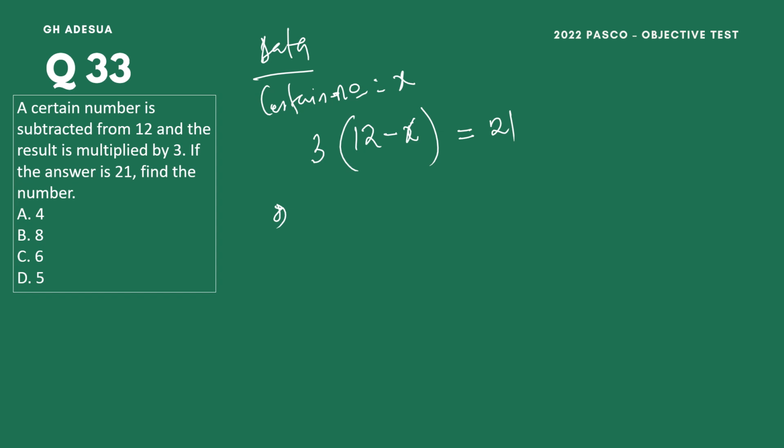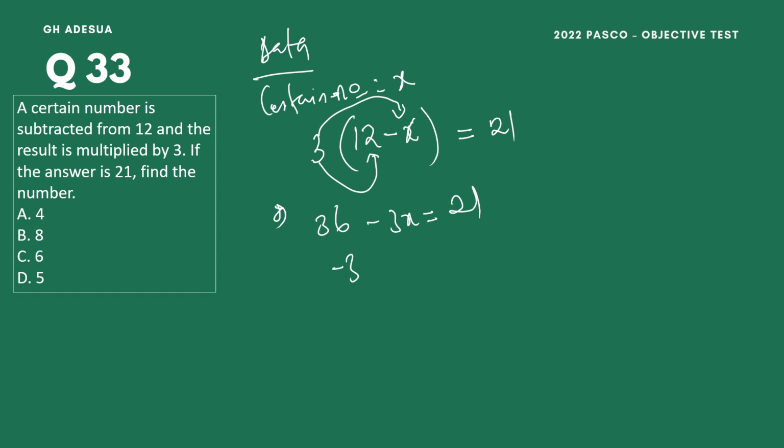Algebra states that when you have a bracket, you remove the bracket. So 3 multiplies 12 and 3 also multiplies the x. We have 36, 3 by 12 is 36, minus 3x equal to 21. We are finding x, that number.